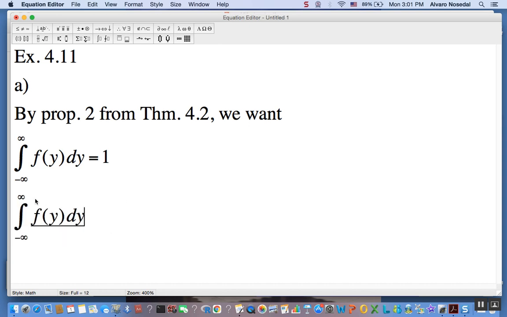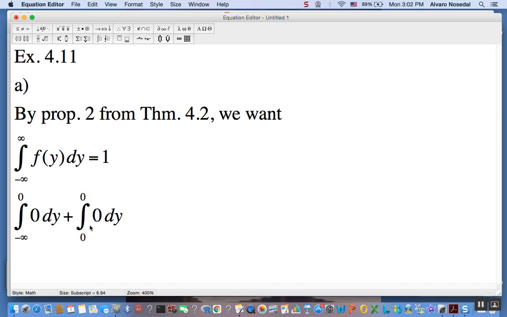What we want is the integral from negative infinity to 0, and in that case, the expression of lowercase f is 0, plus, if y lives between 0 and 2, then we are going to have a different expression for lowercase f.